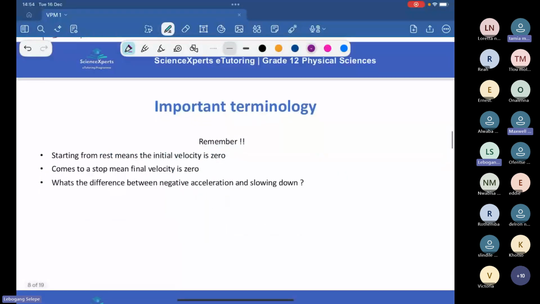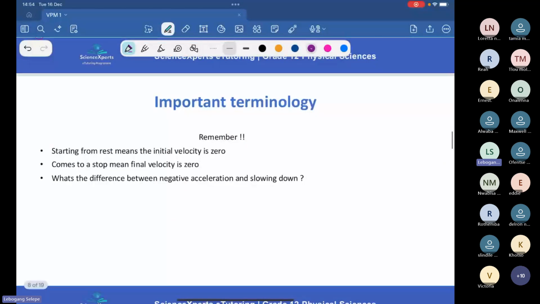All right. So before we start with the equations of motion, the important terminologies that I want you guys to understand. When they tell you that an object is starting at rest, or they can also use the word stationary, you can say that the object is stationary or starting at rest.